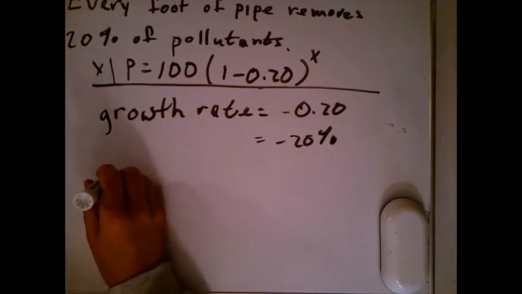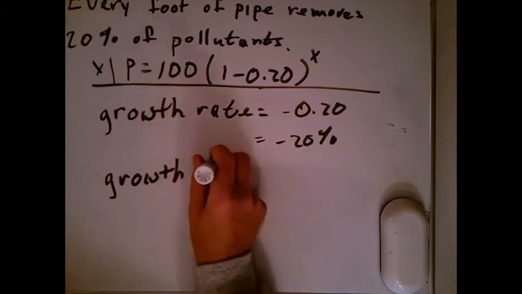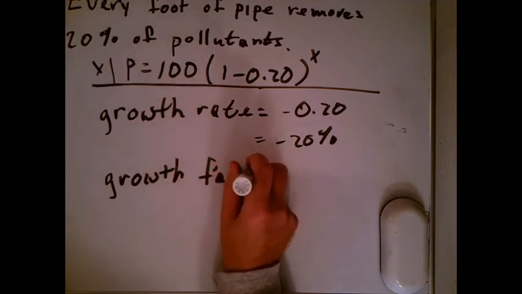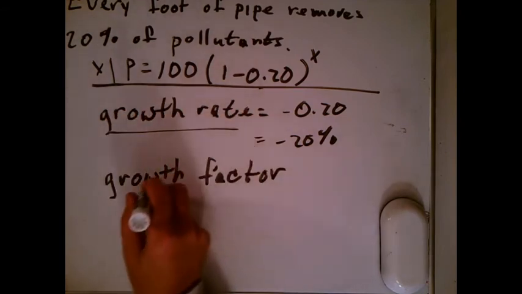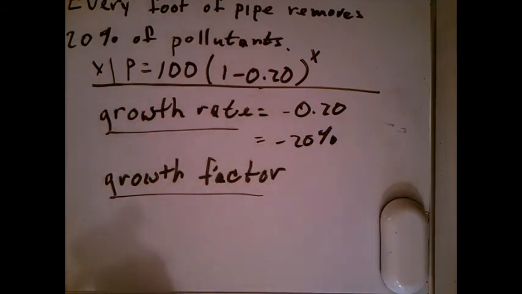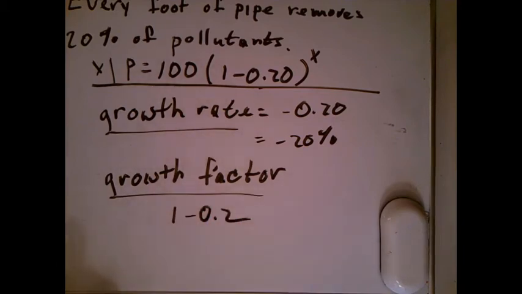Now there's something called the growth factor. Now the growth factor, if you look back at our table, was what we were multiplying each y value by to get the next one, and we can just see that was 1.2 in this case.